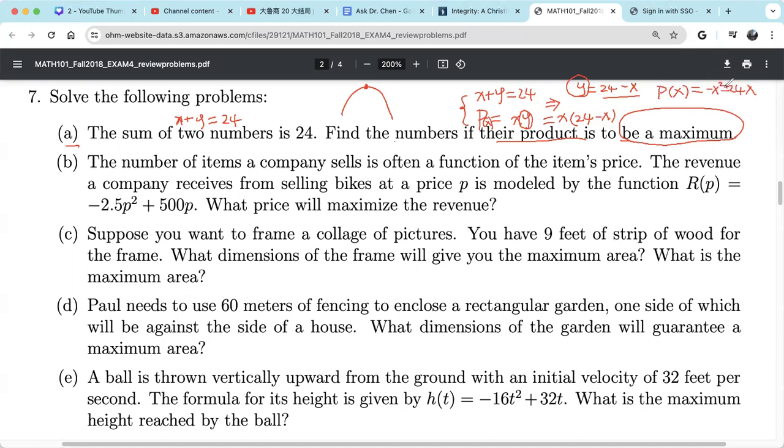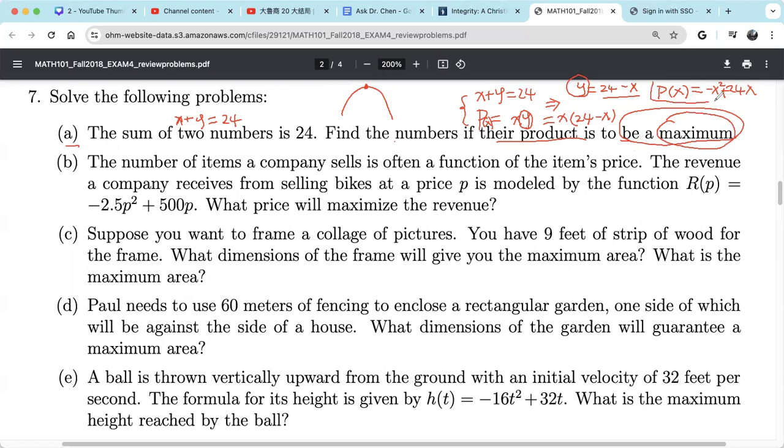Indeed, we have formed a quadratic function, and the leading coefficient, the number before x squared, is -1. It's a negative number, so the graph of the quadratic function is a downward parabola, and the vertex is the maximum. That's the one we're looking for. All right, so how do we find this vertex?